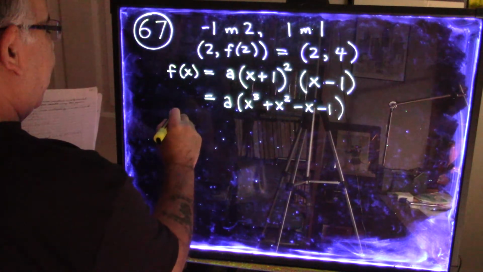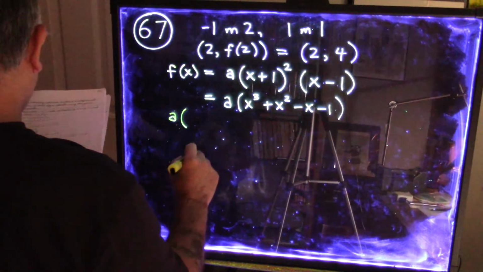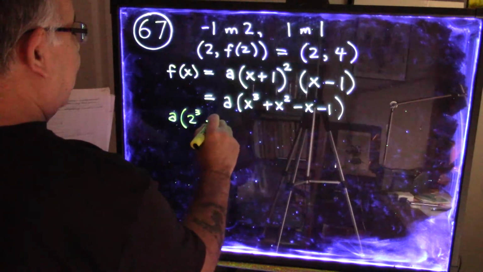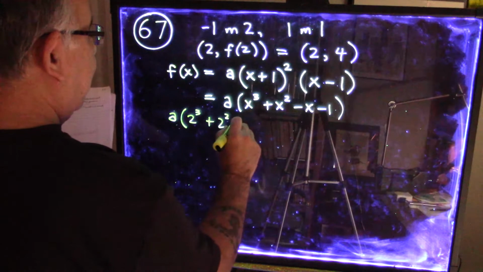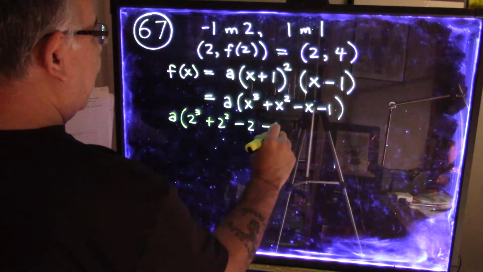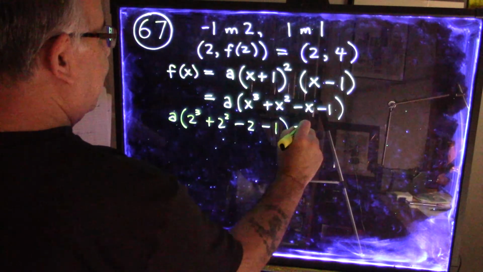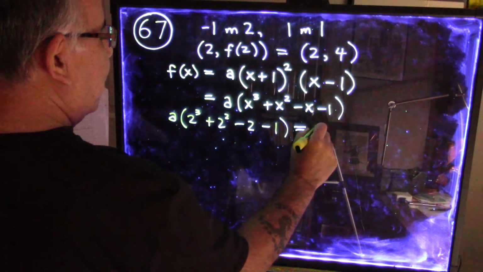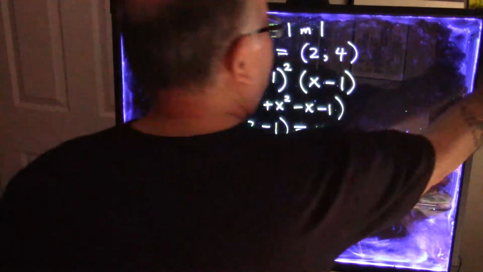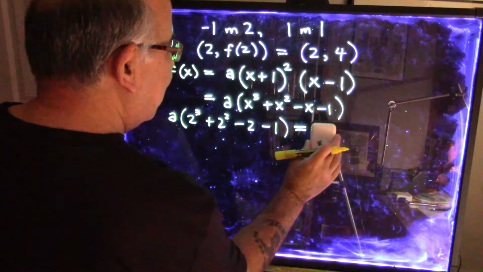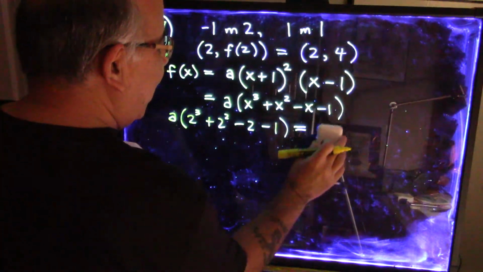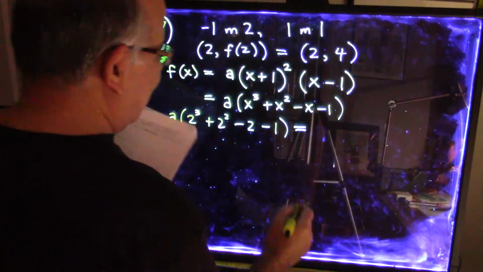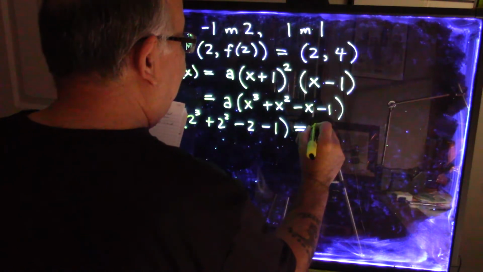So you've got a times 2 cubed plus 2 squared minus 2 minus 1. When x equals 2 again, y equals 4, or f of 2 equals 4. Oops, I was going to put a y there, because my mind was on the y. Alright, so actually that should be a 4.